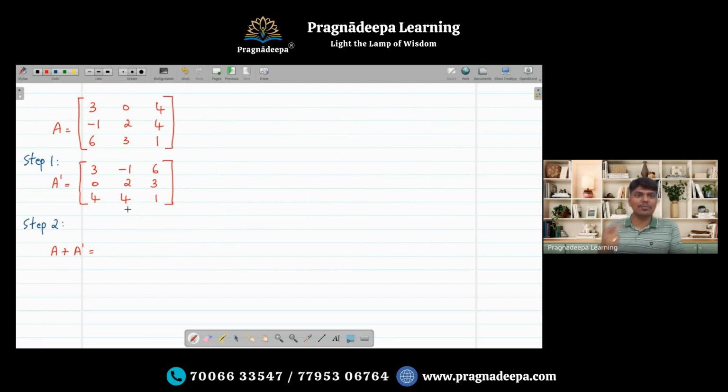So in step 2, I'll get a symmetric matrix. What is A plus A dash? 6, minus 1, 10. Friends, understand, if 10 comes here, 10 must come here too. If -1 comes here, -1 must come here too. Here anything can come, 4 here, 7 there, then here also 7 must come, and here 2. So note that in step 2, did you get a symmetric matrix?